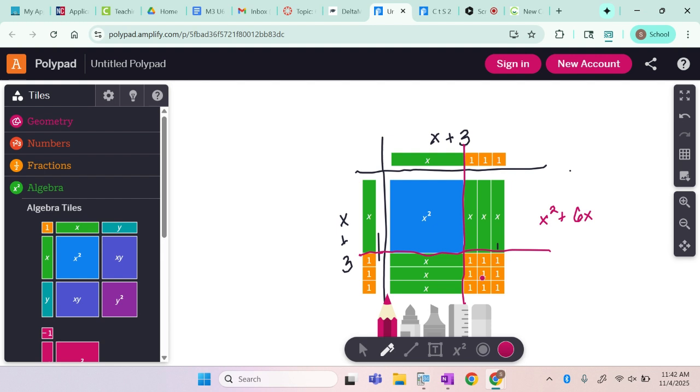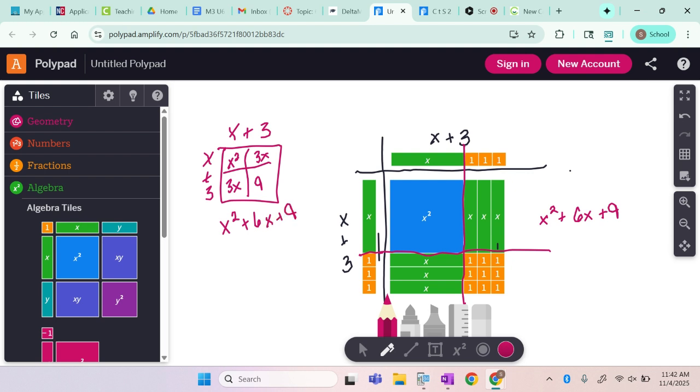And how many ones? 9. For example, if we did the box method, with x plus 3 on top and x plus 3 on the side, this would be x squared, 3x, 3x, 9, which still gives us x squared plus 6x plus 9. So it actually works.